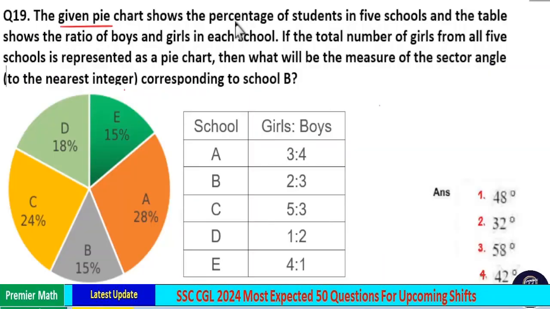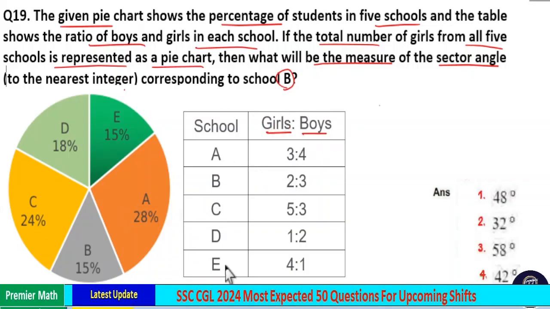The given pie chart shows percentage of students in 5 schools and table shows ratio of boys and girls in each school. If the total number of girls from all 5 schools is represented as a pie chart, then what will be the measure of the sector angle to the nearest integer corresponding to school B? Here, this pie chart represents percentage of students in 5 schools and this table shows ratio of girls and boys in 5 schools.